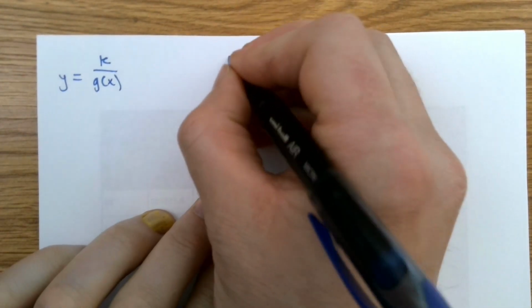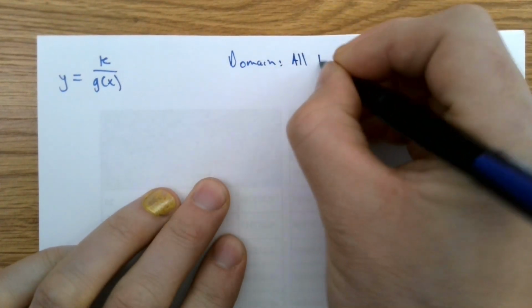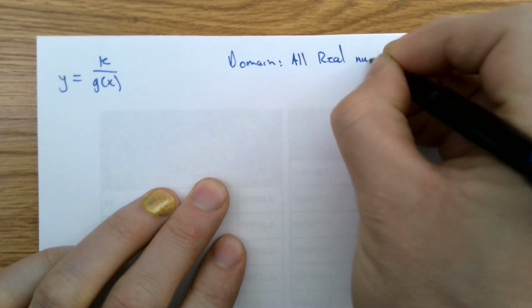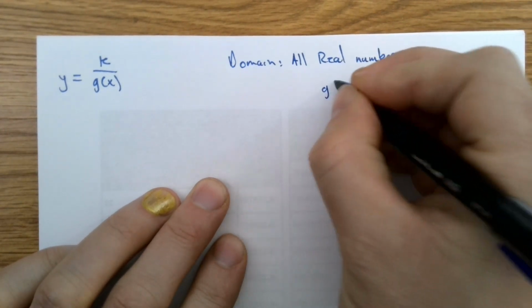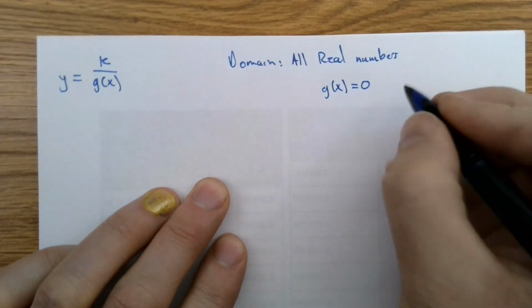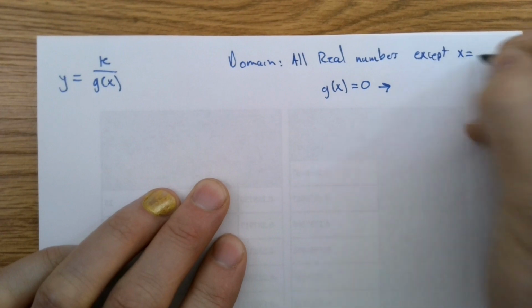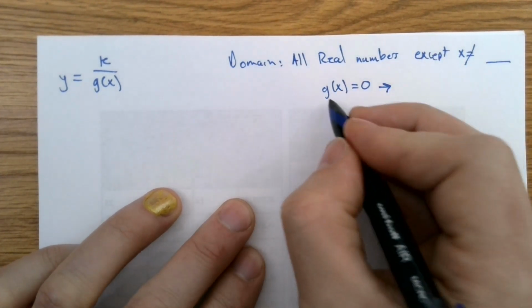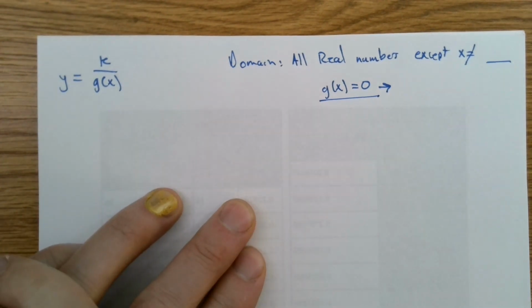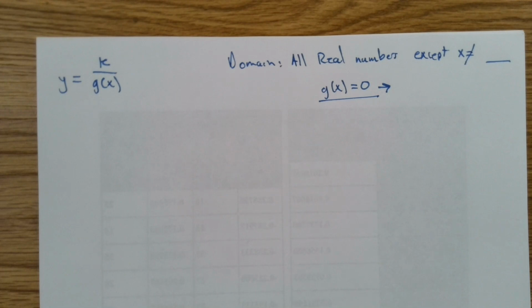So the domain is always all real numbers except for when g of x equals 0. So the solution from this is x cannot equal whatever this value is that we solve, that makes this denominator equal to 0. So that's the value that we're dividing by. It is not allowed.